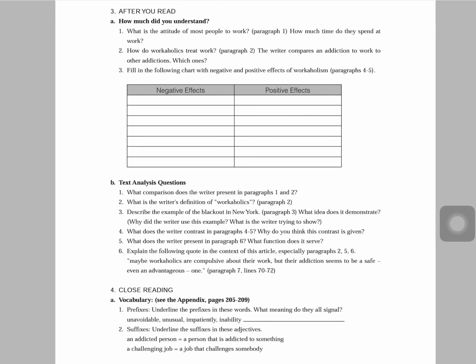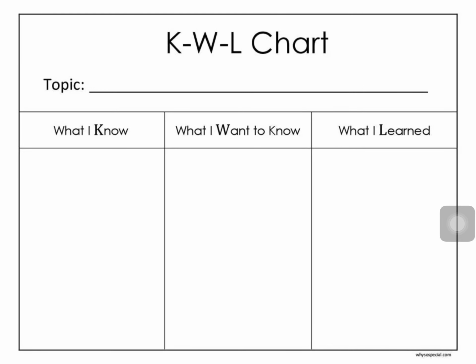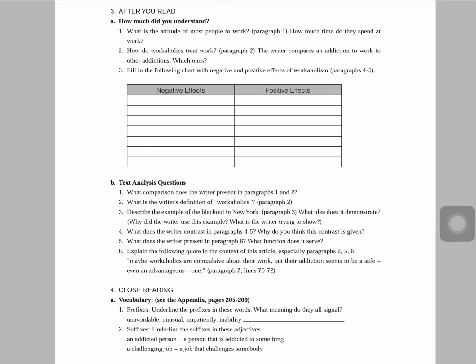In the homework, I want you to read the text, create a KWL chart, and answer the after-you-read questions, which are all of these. But I will explain that in detail in the description of assignment number 2, which has to do with activating prior knowledge through a KWL chart.